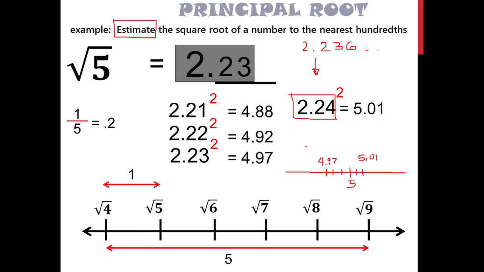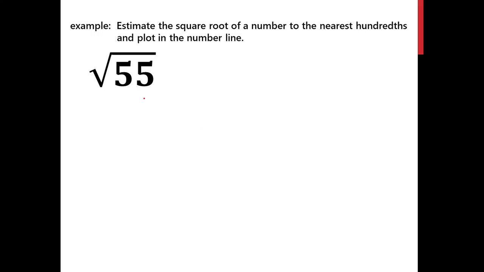Now let's have another example. So here, you have the square root of 55. The square root of 55 is not a perfect square, right? So again, let's try to find the first perfect square before 55 and the next perfect square after 55. Okay?